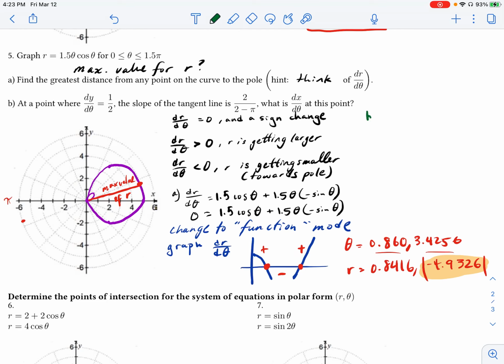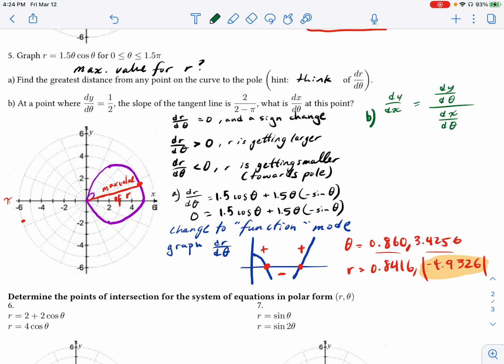Now let's do part B. And in fact, part B is a lot easier. So at this point, if we know what dy d theta is, and it tells us the slope of the tangent line is 2 over 2 minus pi, then what is dx d theta at this point? Well, let's think about this for a second. You know that dy dx is equal to dy d theta, all of this over dx d theta.